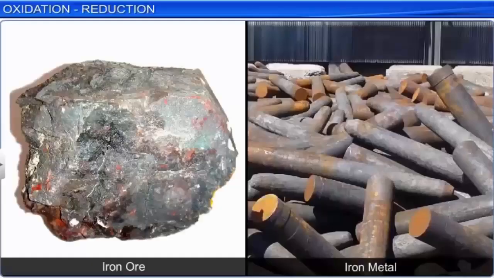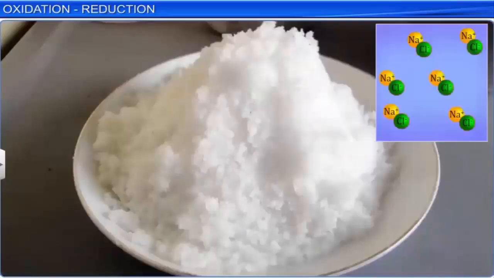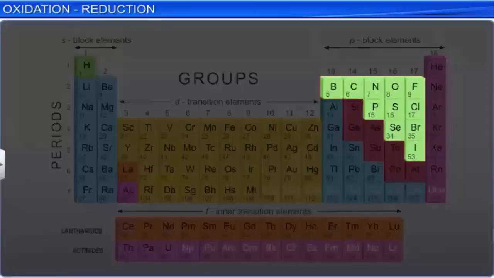You have already studied how metals are extracted from their ores by the process of reduction. You know that non-metals are generally available in combined states in their reduced forms. Hence, non-metals are isolated or extracted by oxidizing their compounds.